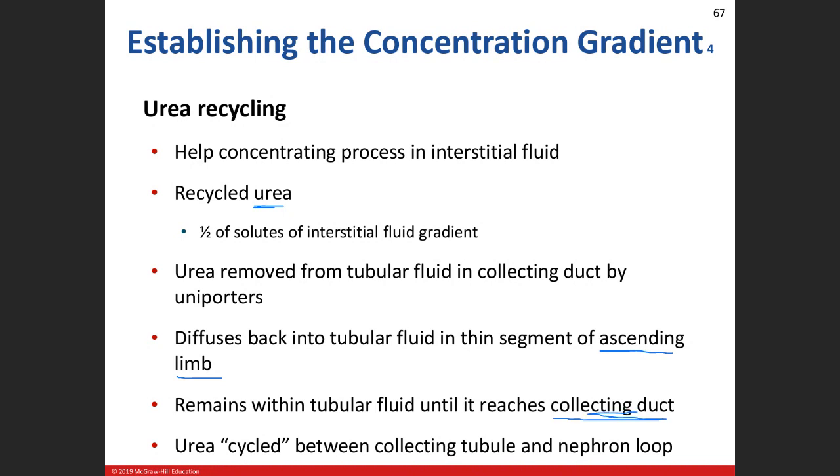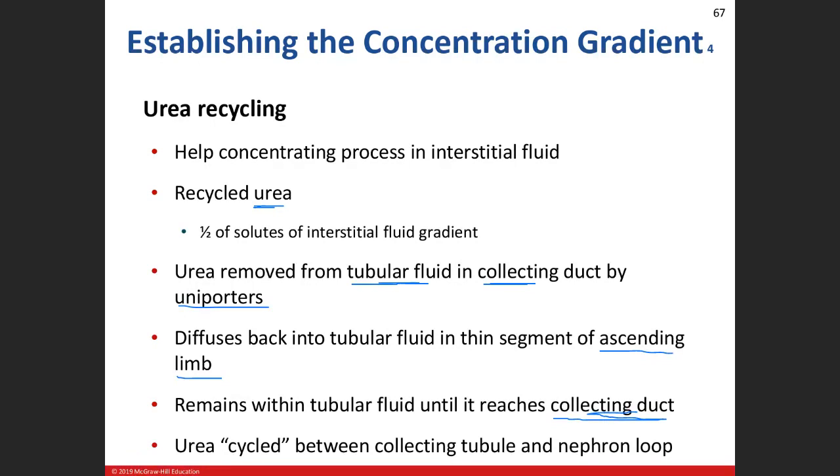There's a region in there in which urea is going to cycle through. We'll see urea being removed from the tubular fluid by the collecting duct, and it will come from uniporters, which again are another transport protein.